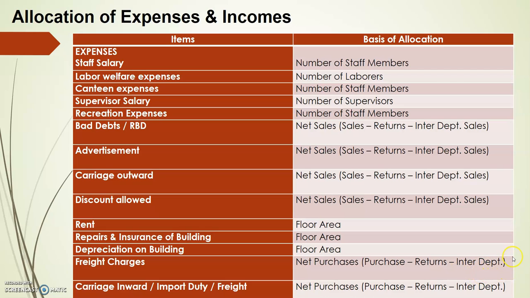Again, I am telling that we will focus on interdepartmental purchases or sales later on. For now, keep in mind that net purchases means purchase minus returns minus interdepartmental purchases. We have understood the meaning of purchases and returns in the previous semesters. The only extra point we have to understand is interdepartmental purchases or sales, which we will see later.